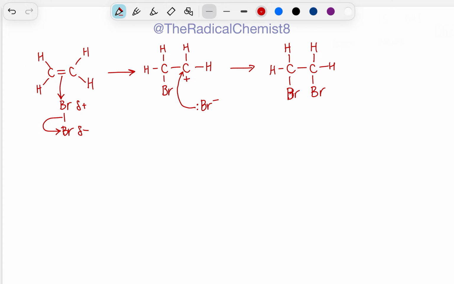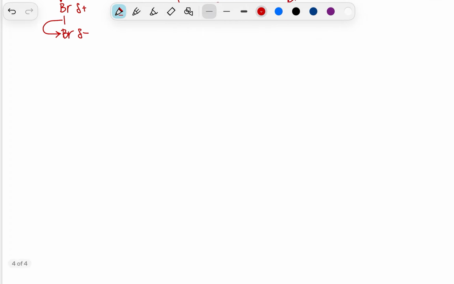And finally, let's look at how the alcohol is made. I'll stick to simply ethene again. This time you've got water, H2O.